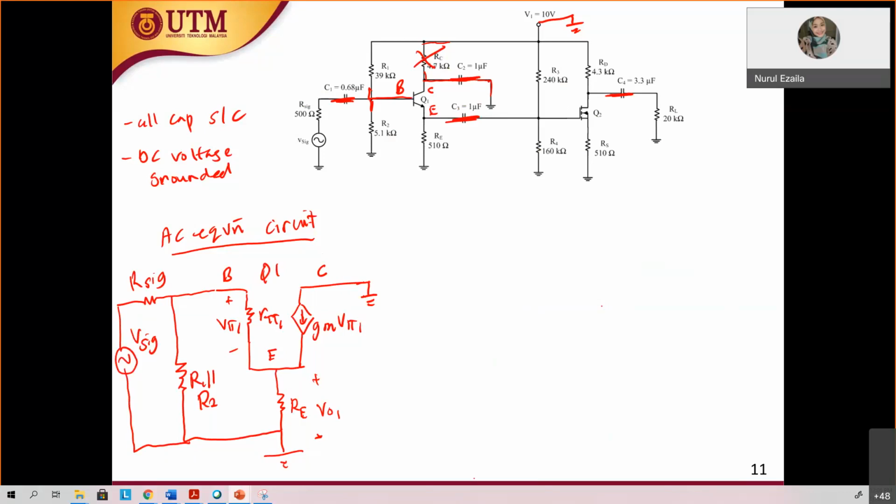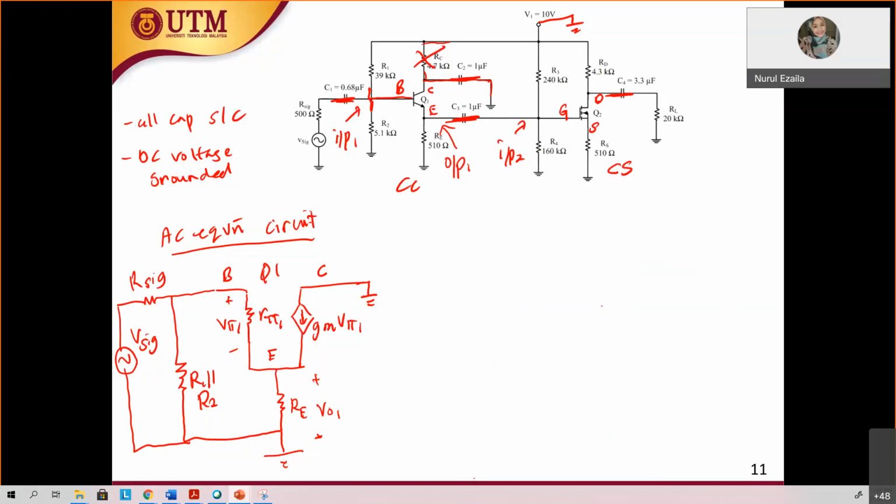You have gate over here, drain over here, and source over here. This is the output 1. This is the input 1, and this is the input 2. Now input 2, this is common source.